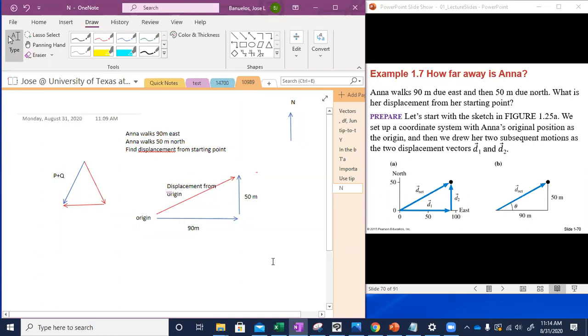In this case, we want to find displacement, so we need to find both magnitude and direction. For the first part, magnitude, we can just use the Pythagorean theorem.